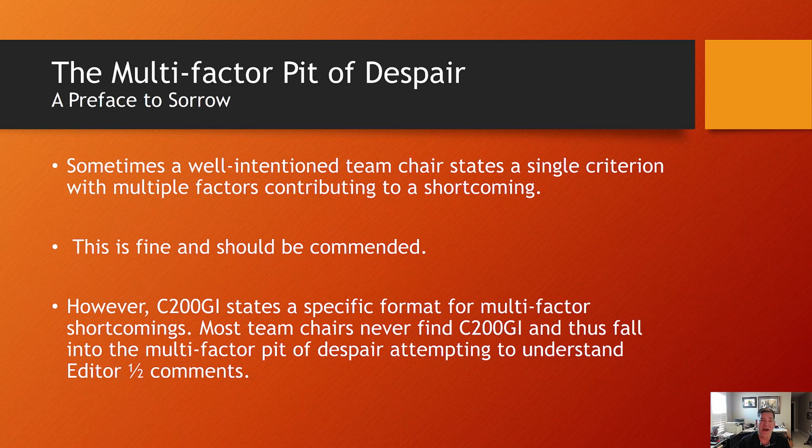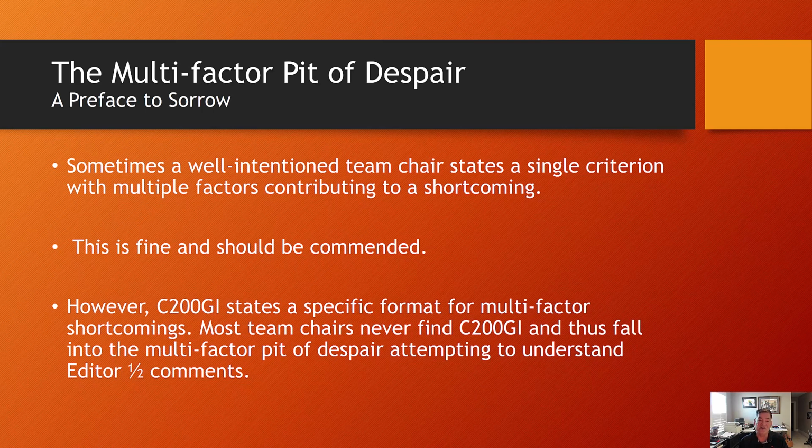I'm going to warn you now about the multi-factor pit of despair. And I cover this more extensively in the weakness and deficiencies videos, how to write those, because they're much more common. They can exist for concerns. It's not impossible. What you want to do is when you've got a single criteria and you've got multiple factors that are tied to different parts of that criteria, then it becomes a multi-factor finding.